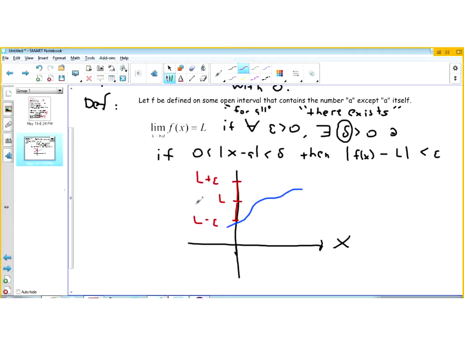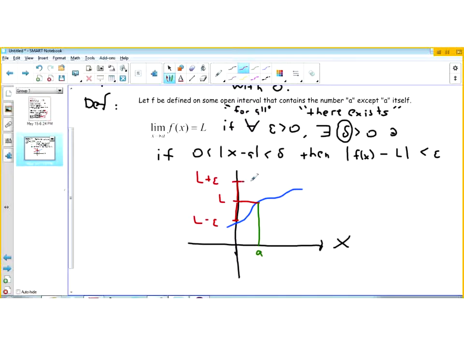Now, if I can find a delta based on this particular arrangement, then the limit will exist. In other words, what I'm basically trying to ascertain is this.